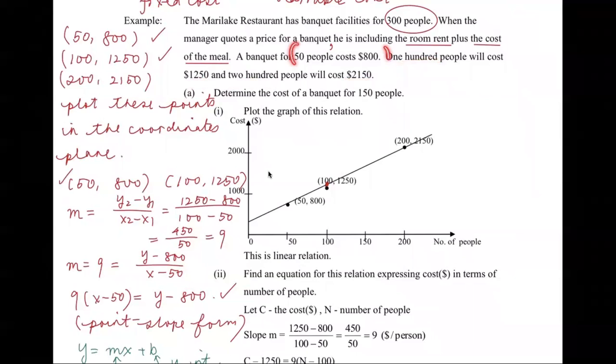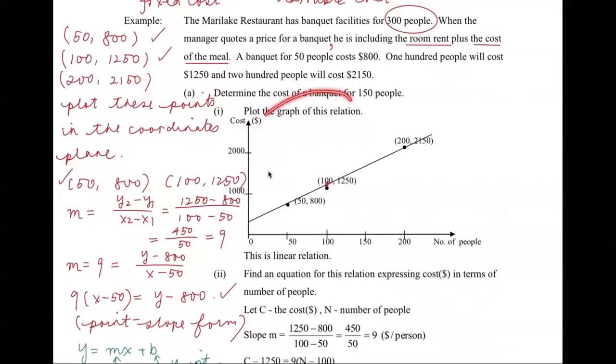And so we have these 3 points. If we plot these 3 points in the graph, we get a straight line, which means there is a linear relation represented by these 3 points. Why is this step important? It is because if we have 3 points, it's not necessary that these 3 points are on the same straight line. If these 3 points are not on the same straight line, then there's no linear relation in the first place.